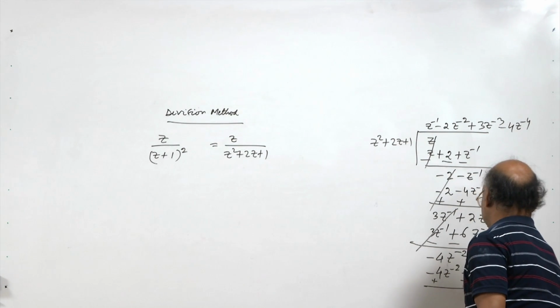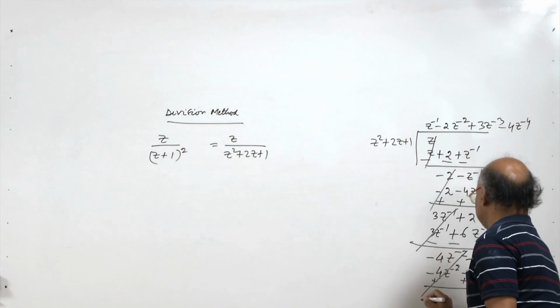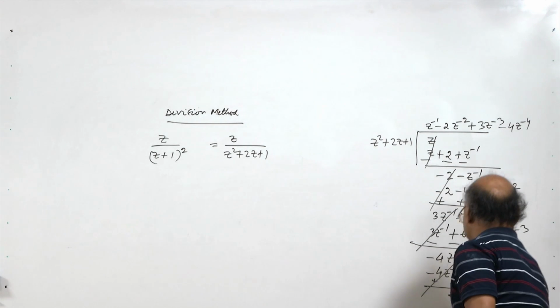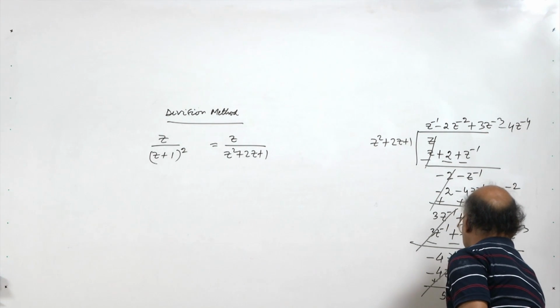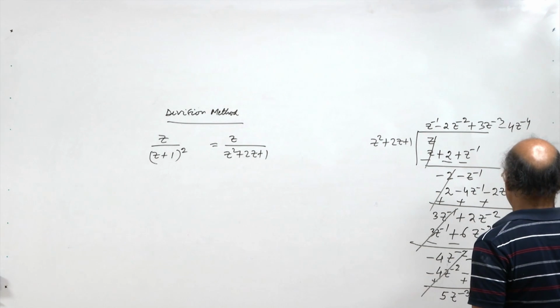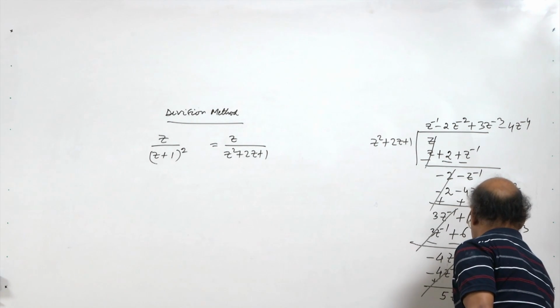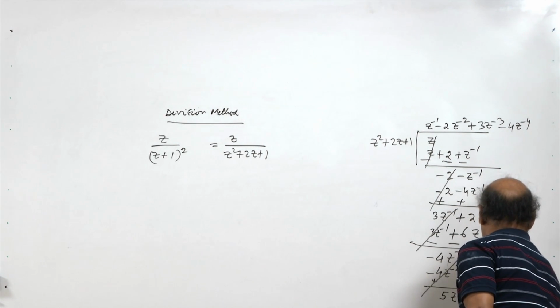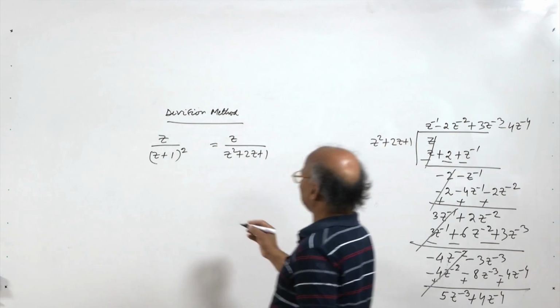So, this cancels, and we get 5 times z to the power minus 3 plus 4 times z to the power minus 4. So, continuing this process.